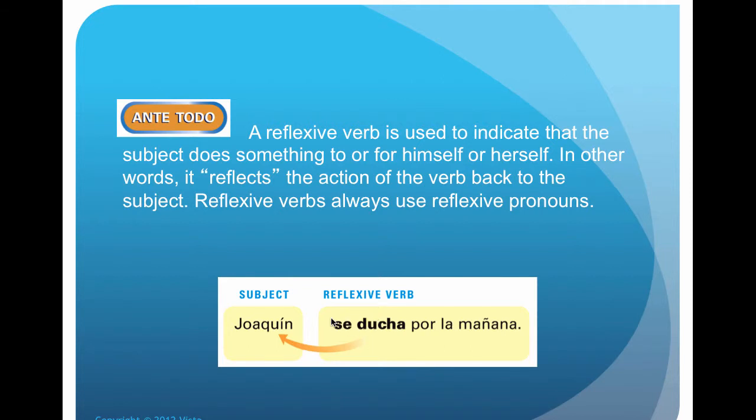This is going to reflect the action of the verb back to the subject, and the subject here is Joaquín. So in a sense it's saying Joaquín takes a shower in the morning, or Joaquín showers himself in the morning.